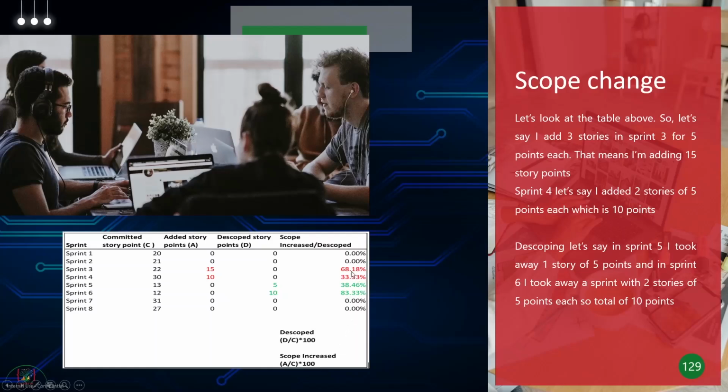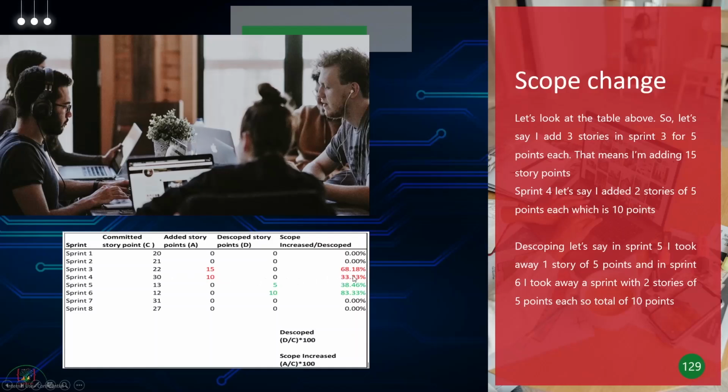This way you can find out the increased or descoped percentage, and if the stakeholder, product owner, let's say, is looking for this metric, you can show them. It also shows you how the sprint is progressing. It's a good metric to have in your bag. So for example, in sprint 1 and sprint 2, you can see that no change was there, so it's 0% increase or decrease.